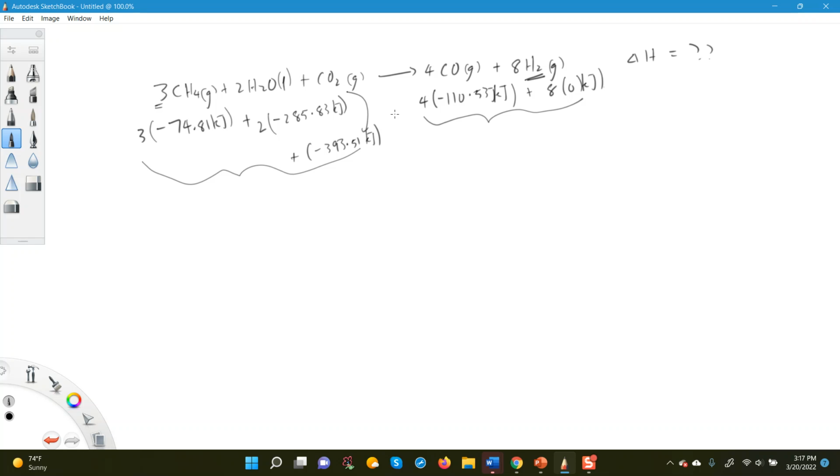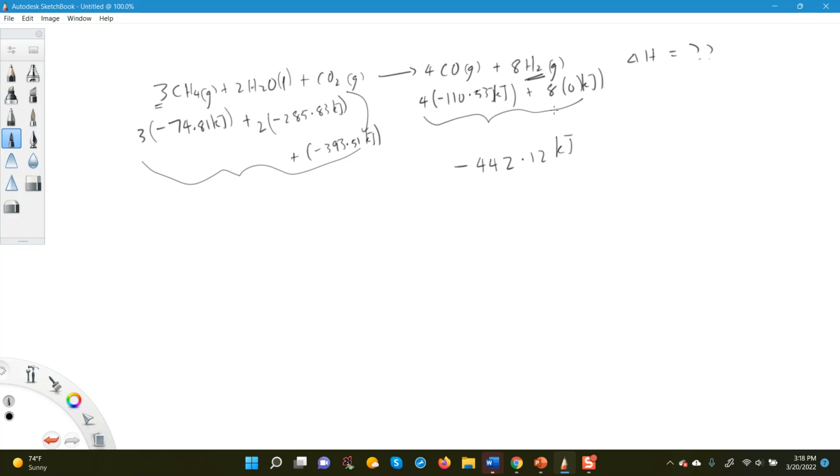So let me do my calculator thing. Let me do the products first. So 4 times minus 110.53. Okay, so according to my calculations, the total enthalpy of formation on the right side is minus 442.12 kilojoules.